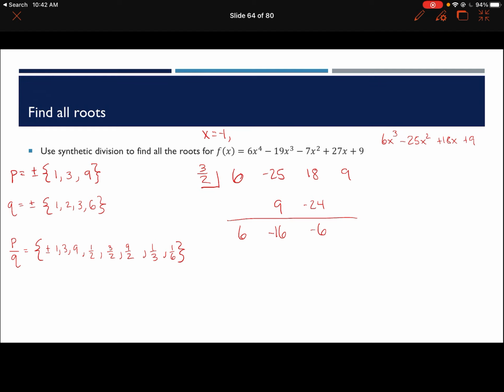And 3 halves times -6 is actually -9. So we get a remainder of 0. So now we know that x equals 3 halves is the solution.